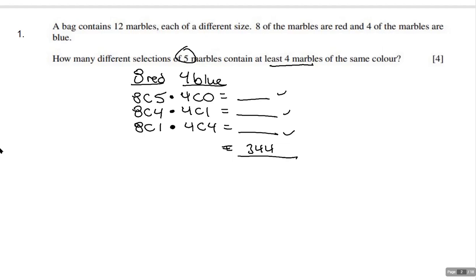Let's see. What's the 8 choose 4? That should be 56. Nope, that should be 280. I wrote them in a different order. And nope, this should be 56. And then this should be 8. Is that what you got? Yes. All right. So, any questions about that?